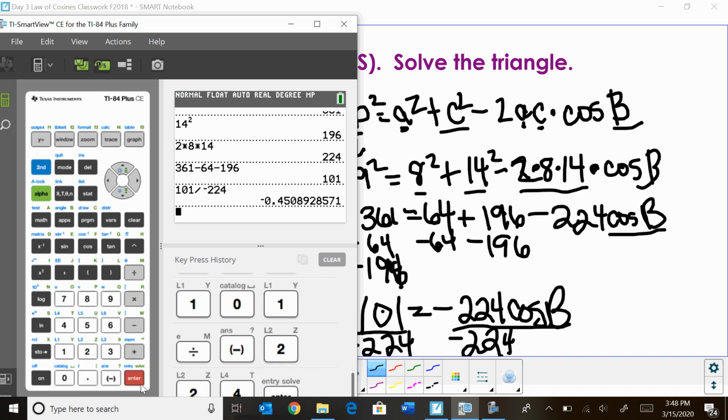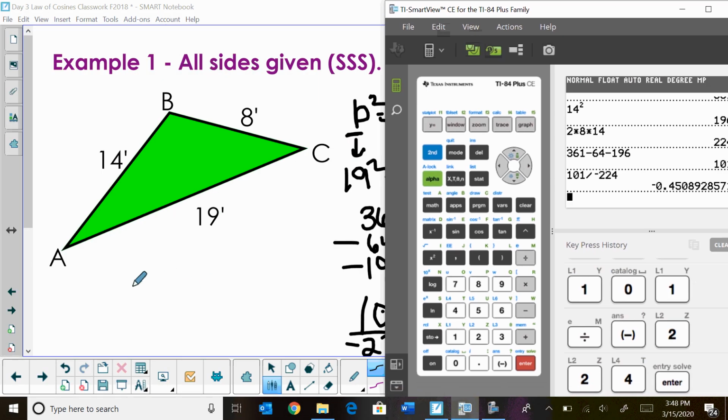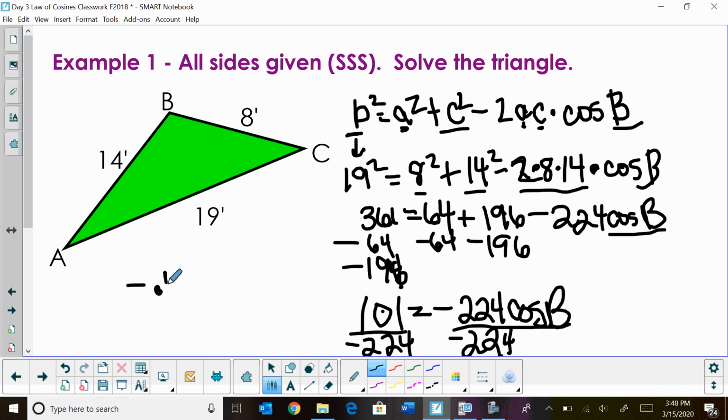And that gives us negative 0.4509. So I'm going to write that down. Negative 0.4509, and that's equal to the cosine of B.